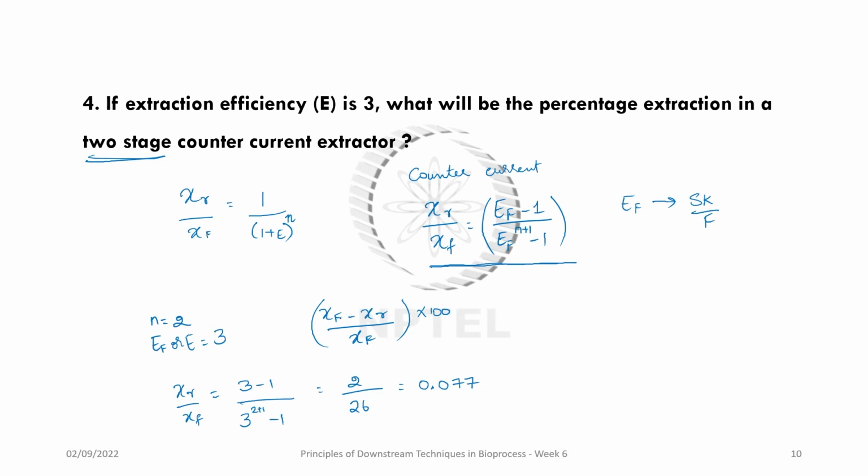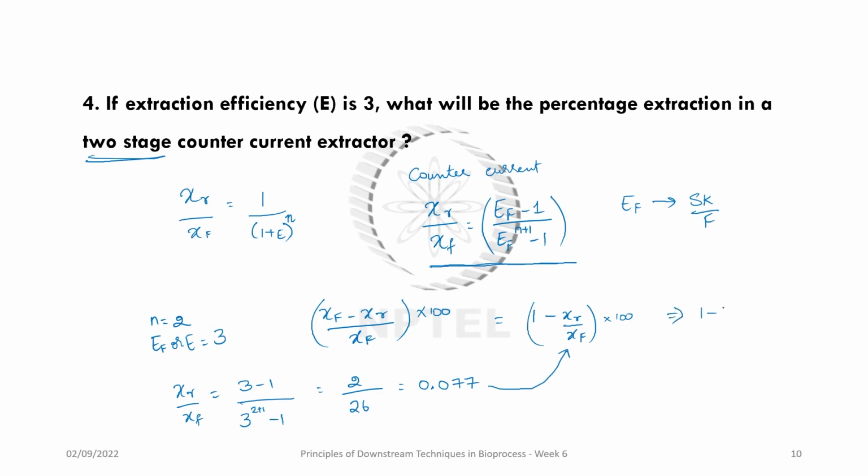Okay, so if you split these, what will you get? 1 minus XR by XF into 100. So I'm going to take this value and substitute in this place.